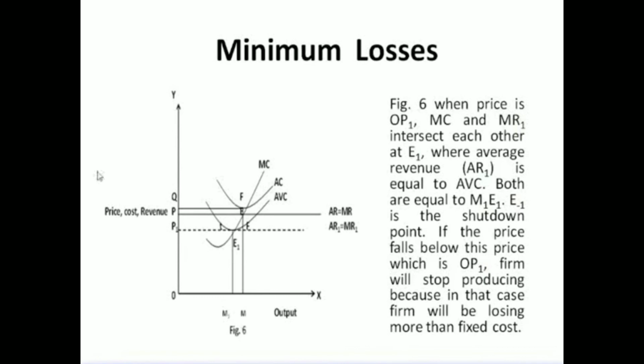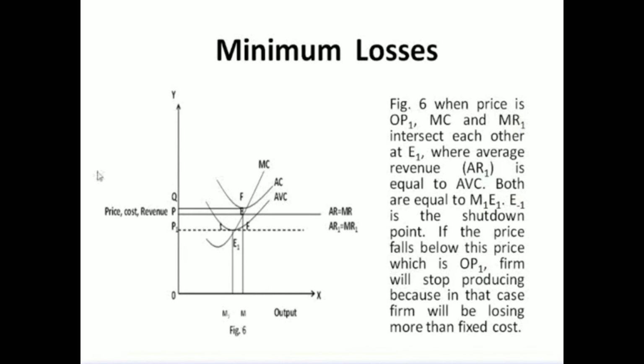I will explain more about the shutdown point in another video. Anyway, the shutdown point is the point where price is just equal to AVC, or average variable cost of production. If the price falls again and becomes less than AVC, it means the firm is making a loss in the variable cost of production.